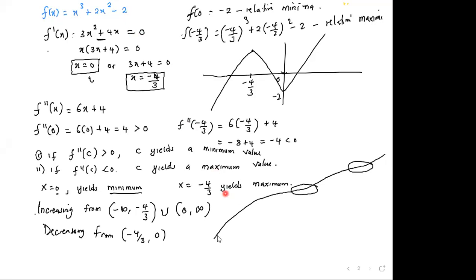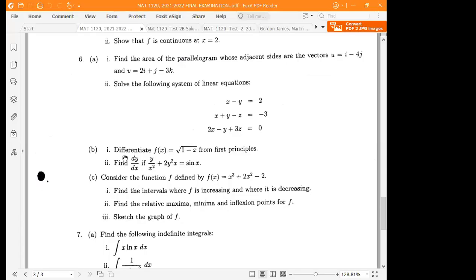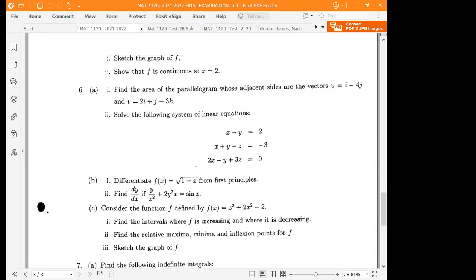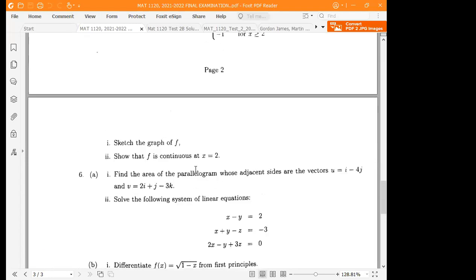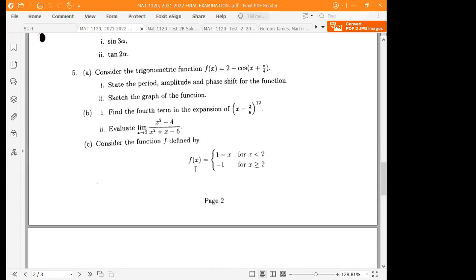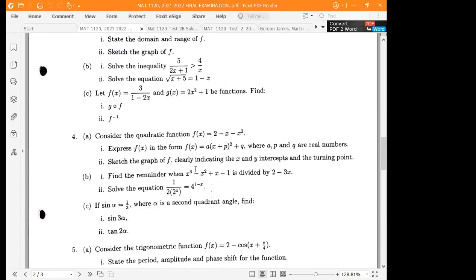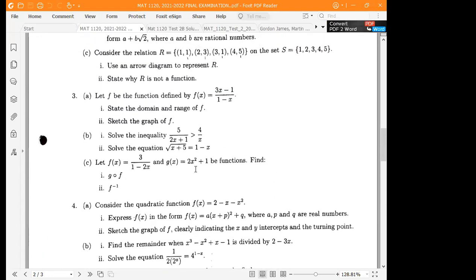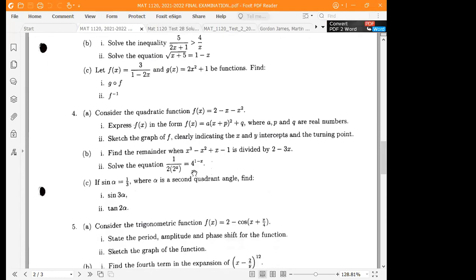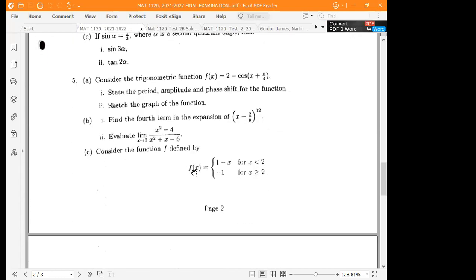Let's go back to the question paper. Differentiate from first principle. We did that, right? Do I have any student here who claims that first principle is a very serious issue?